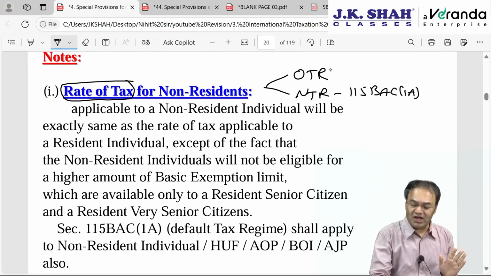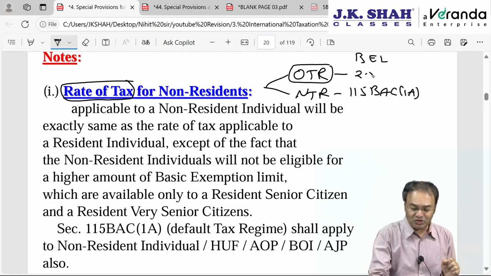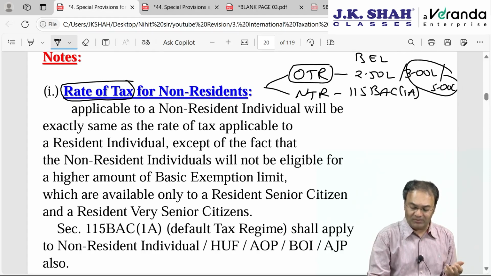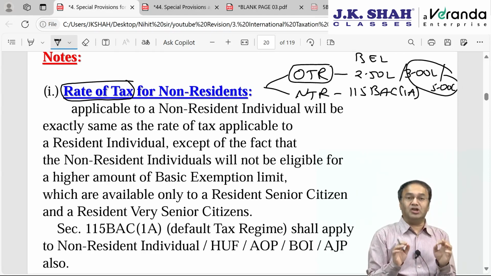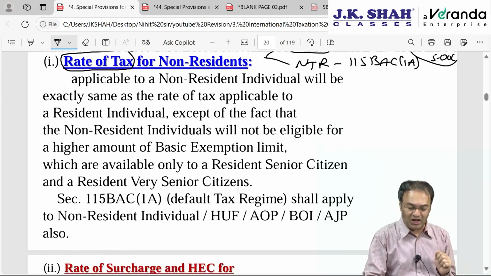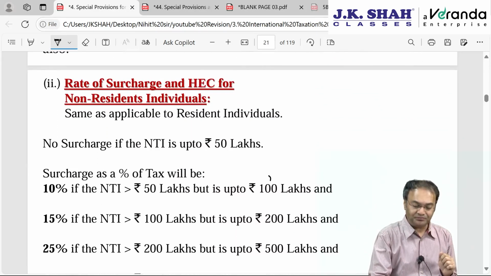The only thing is that in the old tax regime the basic exemption limit is 2.5 lakh, but available to a resident senior citizen is 3 lakhs and to a resident very senior citizen is 5 lakhs. The 3 lakh and 5 lakh will not be available to a non-resident. It is only for resident senior citizens and resident very senior citizens.